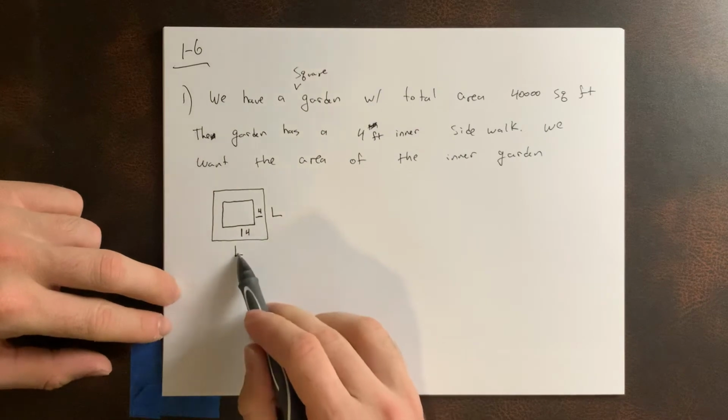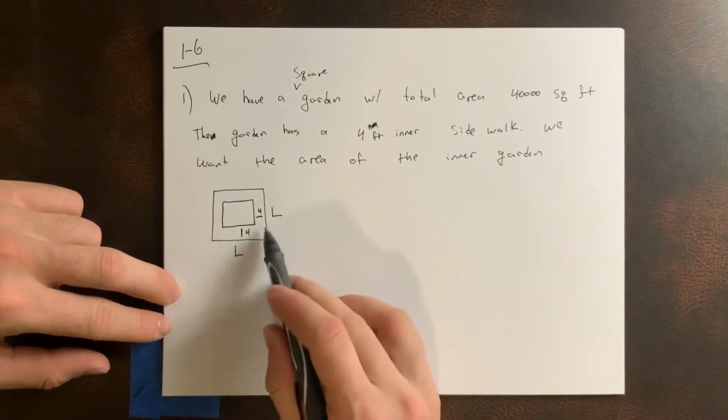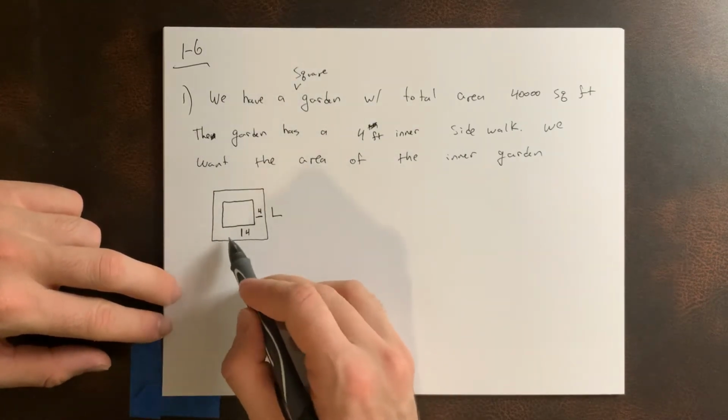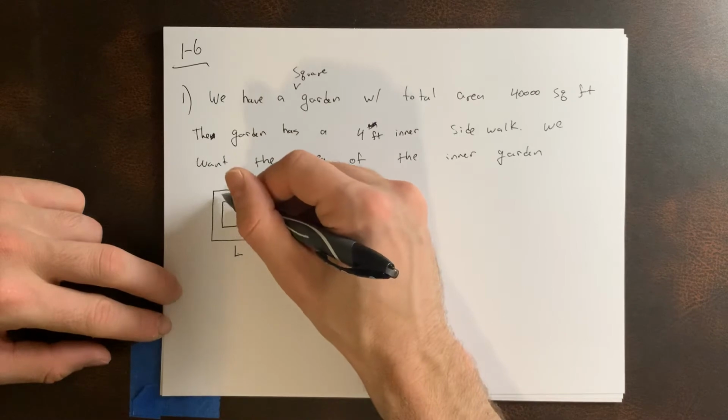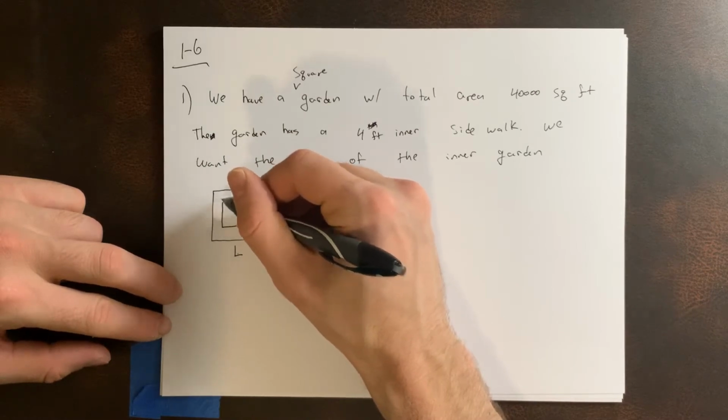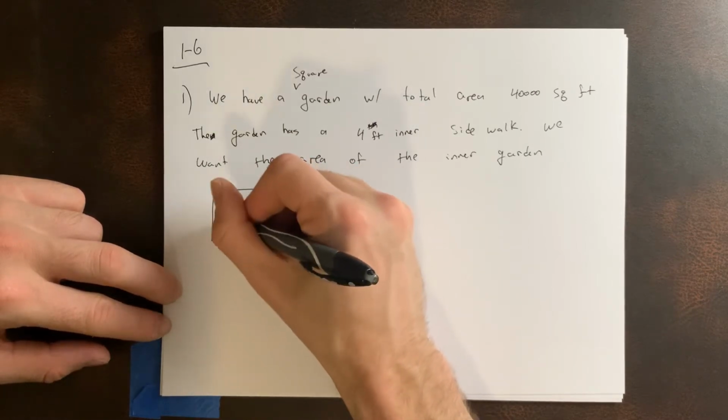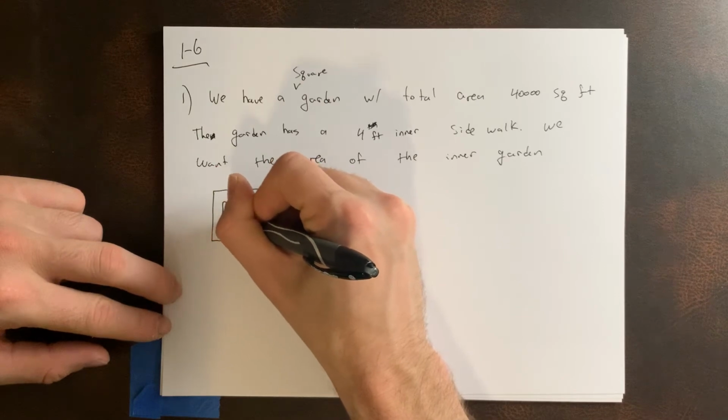So we know it's a square, so this side and this side are going to be the same length. And we know that there's 4 feet taken away from this, and then 4 feet taken away from this. So this whole distance from here to here is going to be L minus 8.